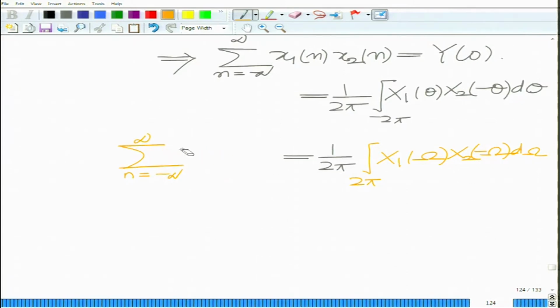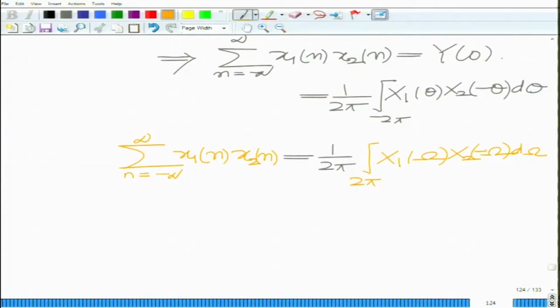This is the sum of x1[n] x2[n], which is nothing but the correlation between these two discrete time sequences. So the sum over n from minus infinity to infinity of x1[n] x2[n] equals 1 over 2π integral over any 2π region of X1(ω) X2(−ω) dω. I have simply replaced the integration variable θ by ω.